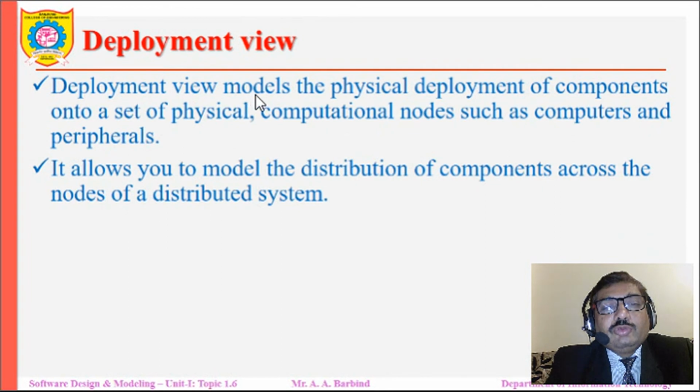The deployment view models the physical deployment of components onto a set of physical computational nodes such as computers and peripherals. It allows you to model the distribution of components across the nodes of a distributed system.